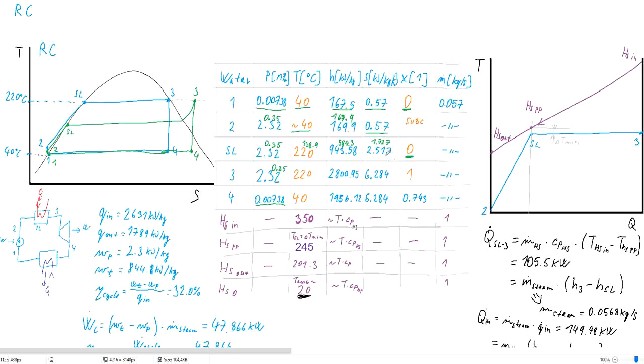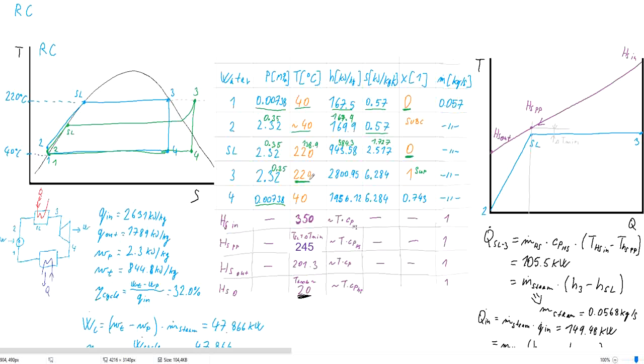Now let's go to the point 3. The condition of 220 degrees remains. We have the given pressure. Since the evaporation pressure was lower, here it's not a steam quality of 1, but already superheated vapor.